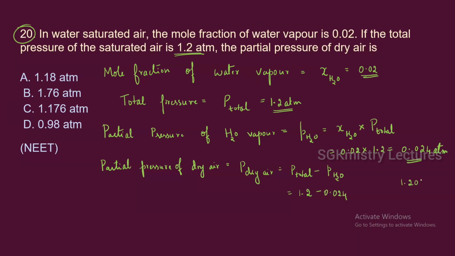So 1.200 minus 0.024, right? So we have 1.176 atmospheric pressure. So we have the answer, that is option C, 1.176 atmospheric pressure.